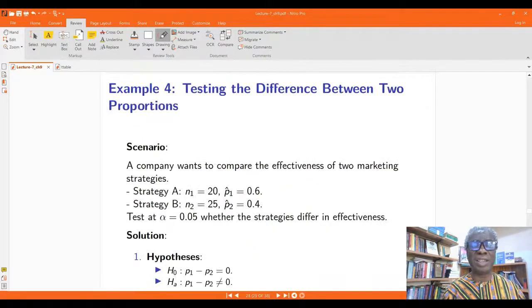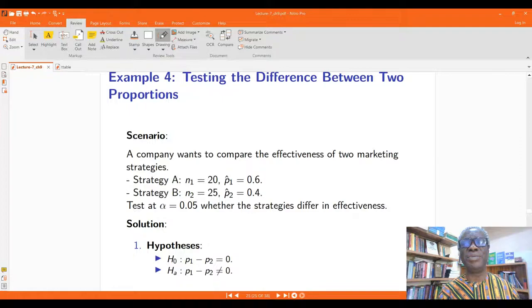So let's look at an example. In this example, a company wants to compare the effectiveness of two marketing strategies, strategy A and strategy B. The company wants to compare whether these two strategies yield the same level of effectiveness or performance or not.